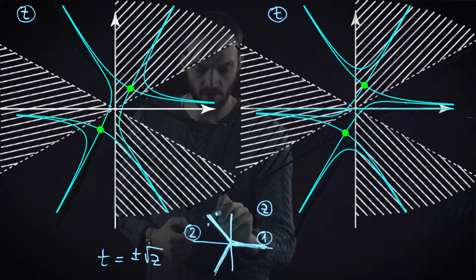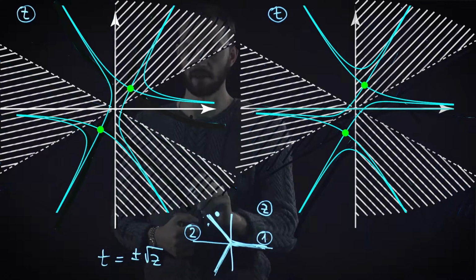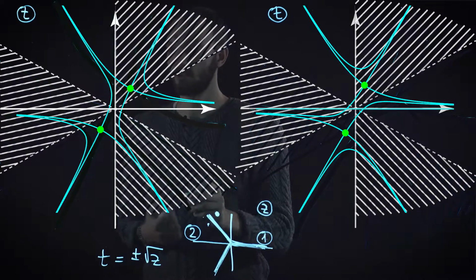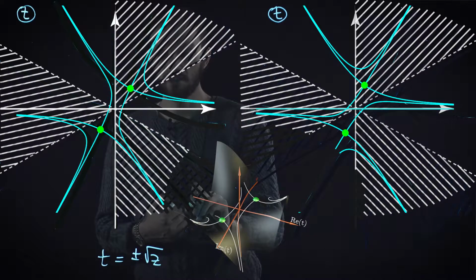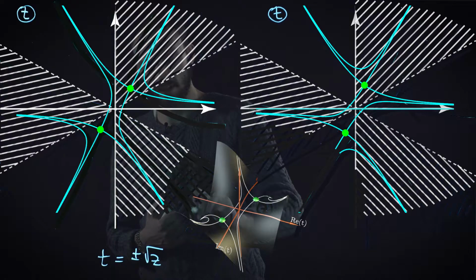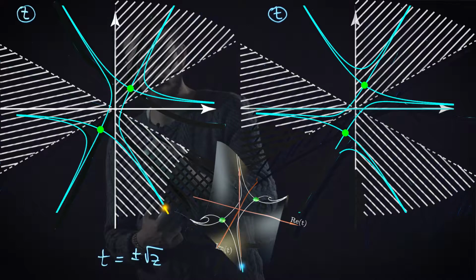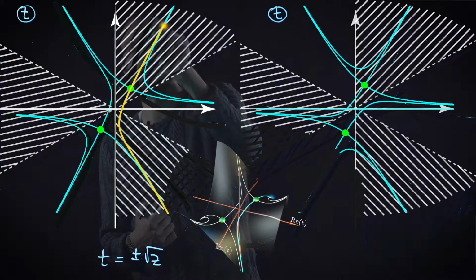Remember that this situation corresponds to argument which is slightly less than 2 pi over 3. Then let us consider what are our options. The most naive option is to do something like this: to start from this green line somewhere here, go across this green line smoothly, like this, and then go to infinity.